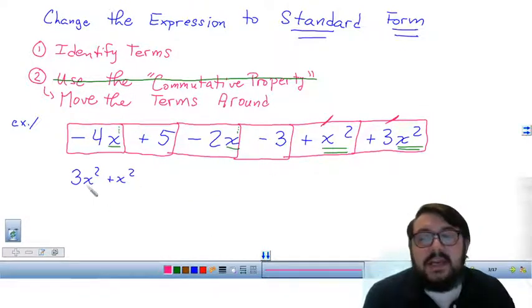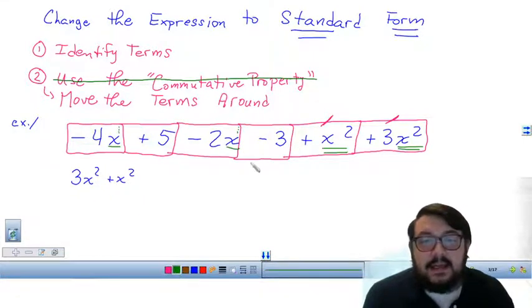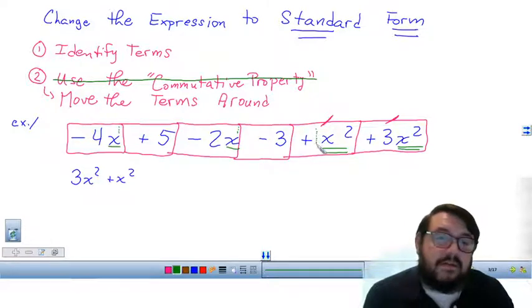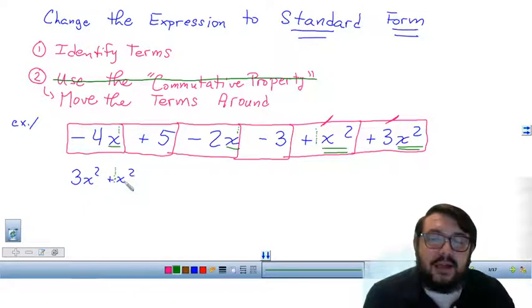Now, it's kind of neat, in my opinion, to have the 3x squared here, and then technically, if you see a variable by itself, its coefficient, meaning the number in front of it, is a 1, okay? So right here, this would be basically a 1. So if I'm going to have two x squared terms, I like to put them also decreasing by the coefficients. So like, for example, 3 and then 1. I think that's nice. So I do that.